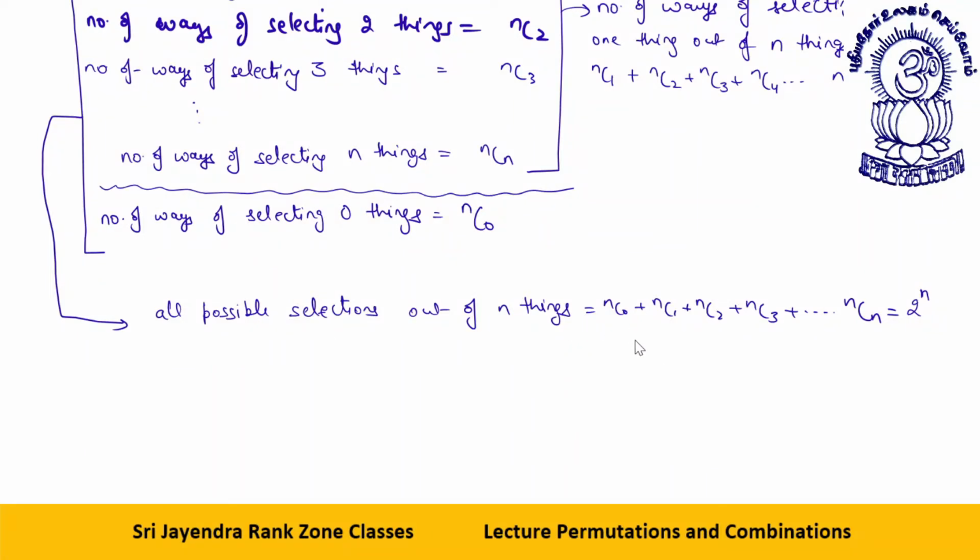Example: suppose, to explain this concept, I say Draupadi wishes to invite her husbands for a dinner at home.